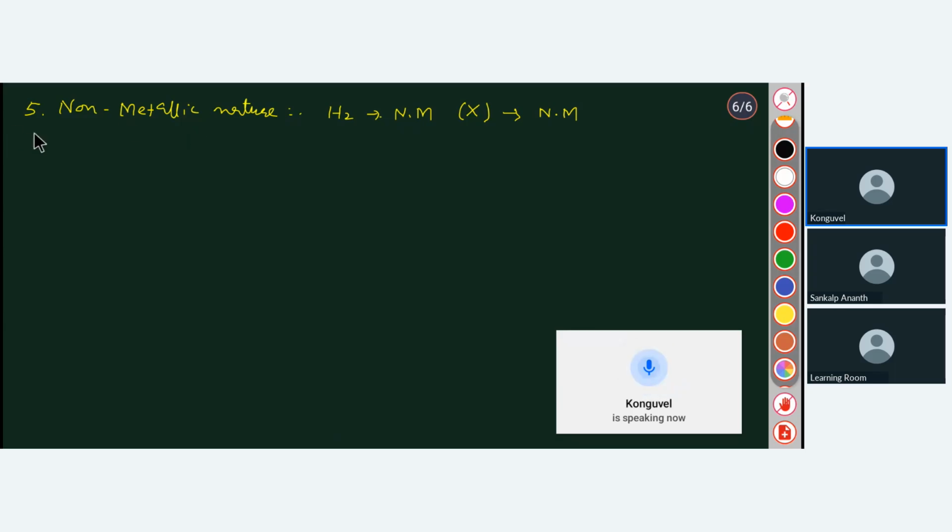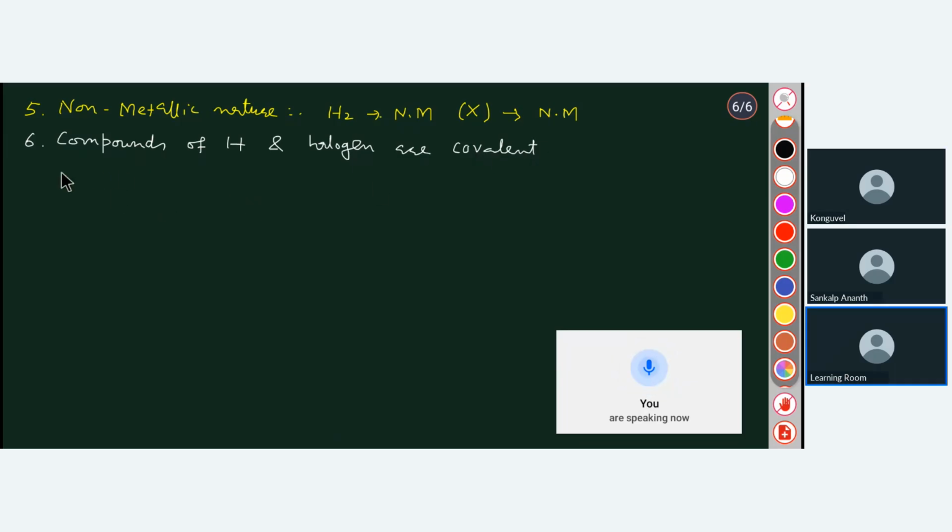And not only that, the compounds of hydrogen and halogens both are covalent, except the group hydrides, which I have already written down.